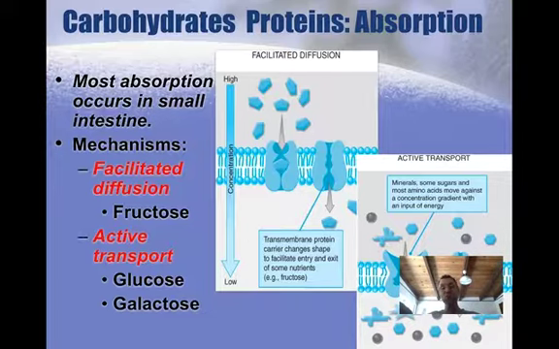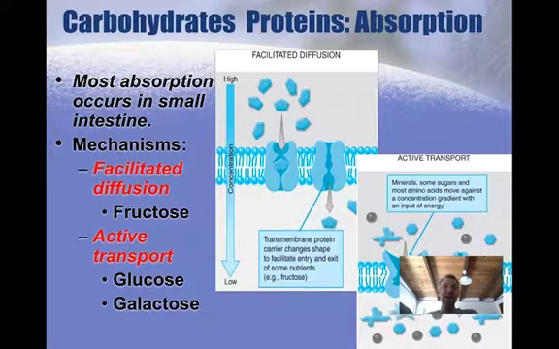Facilitated diffusion requires what's called a transmembrane protein carrier. There are channels through which the fructose gets transported, and we have these protein carriers that are responsible for bringing it across. What's challenging about facilitated diffusion is that it can get overwhelmed.